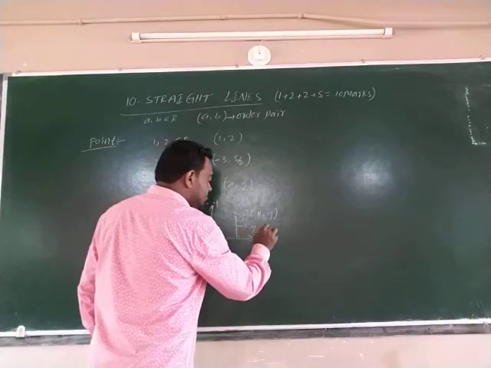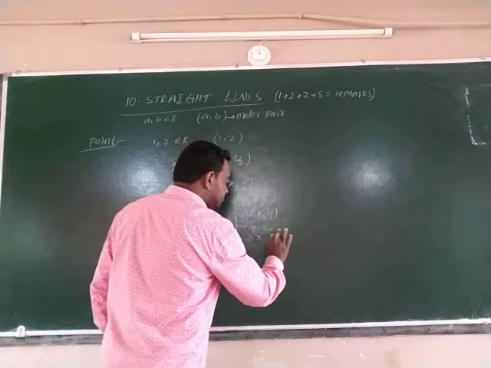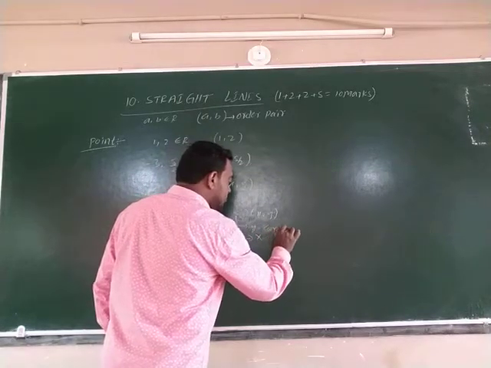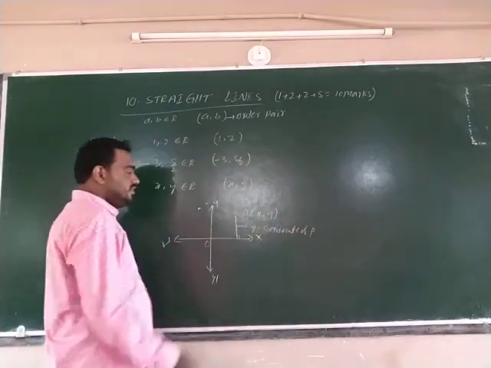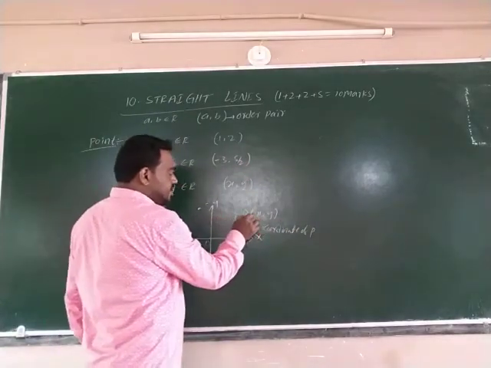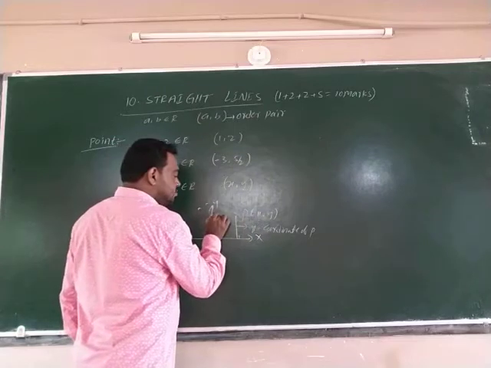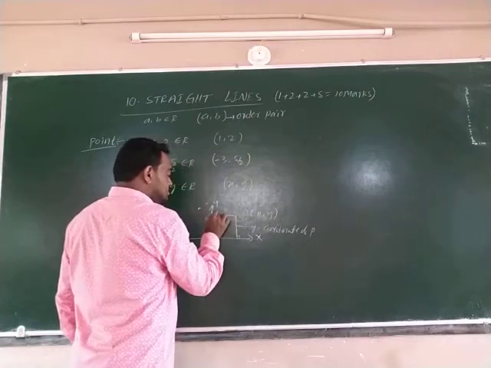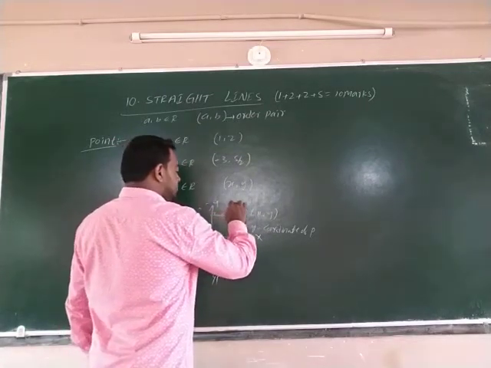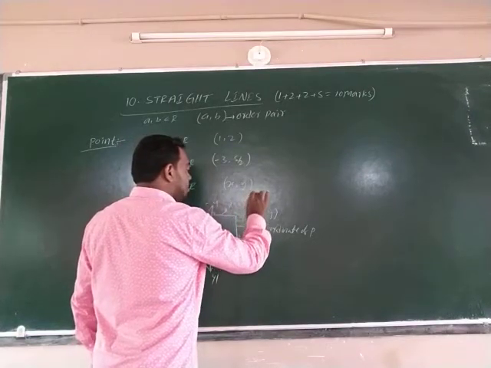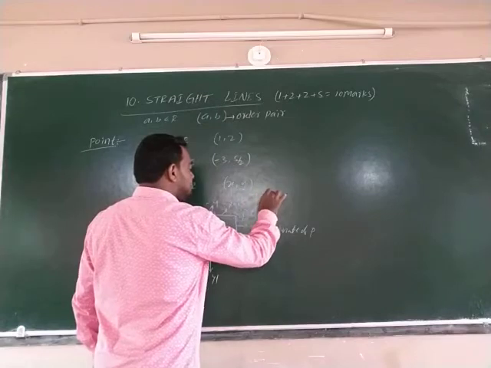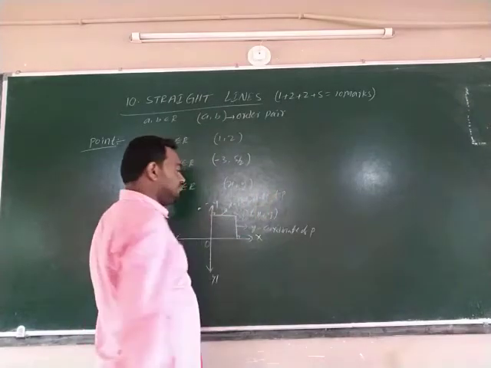This is the y coordinate of P. The perpendicular distance from P to y axis, this distance, is called x coordinate. X coordinate of P.